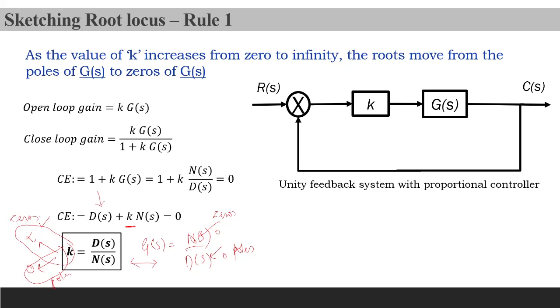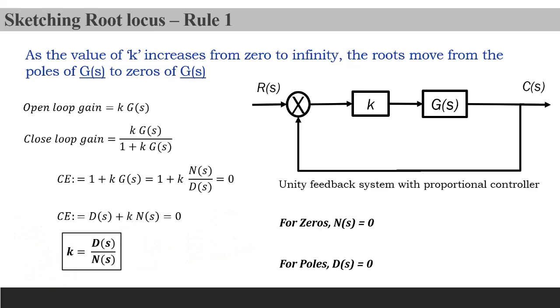Right, so we have concluded much. We can say for zeros, N of s approaches 0 and k approaches infinite. We have already seen that. And for poles, D of s approaches 0, which means that k equals 0. So that's maybe sometimes a little bit confusing, so take your time and recall this.